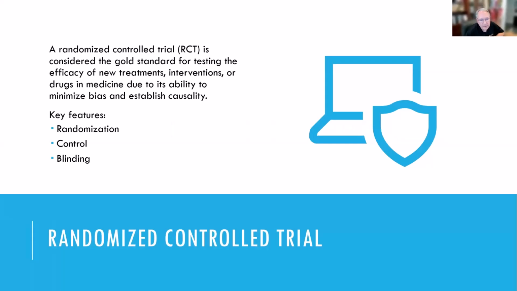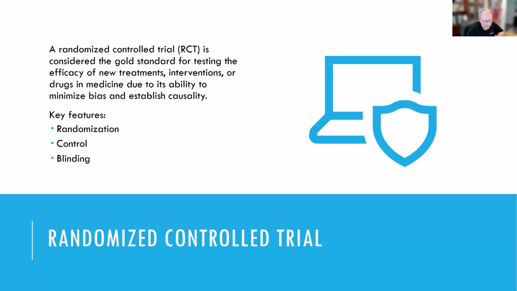The randomized controlled trial, the RCT, is really considered the gold standard for testing the efficacy of new treatments or interventions. Drug studies use RCTs to minimize bias and establish causality. So the randomization piece of it is super important for minimizing the bias.